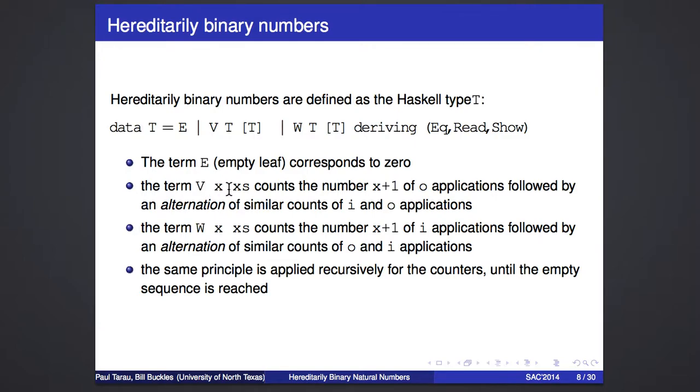V x counts the number x plus 1 of O applications followed by an alternation of similar counts for I and O applications. And we start at 0, so we have x plus 1 of them to count. And the same thing is applied for W, which starts with I applications followed by an alternation of similar counts of O and I applications. The same principle is applied recursively for the counters until the empty sequence is reached.